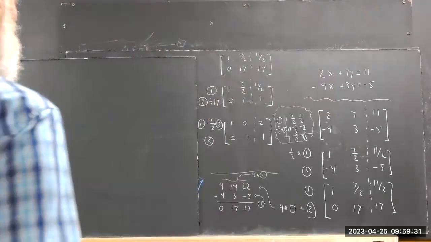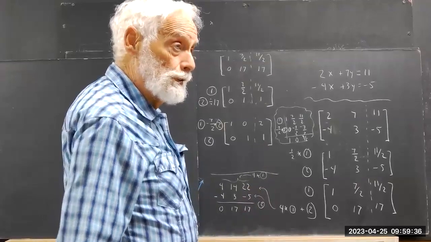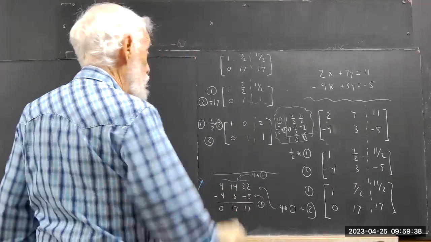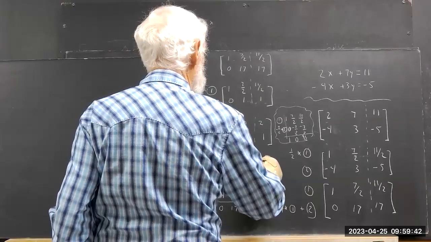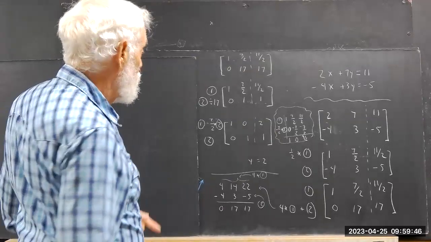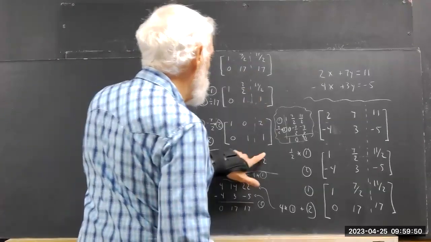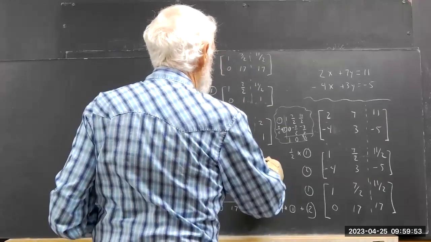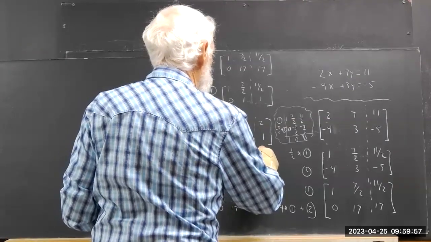Because what equation does this correspond to? And what equation does this correspond to? Well, you've already written it out, the second equation corresponds to y equals 1. What does the first equation correspond to? It's x plus 0y equals 2.